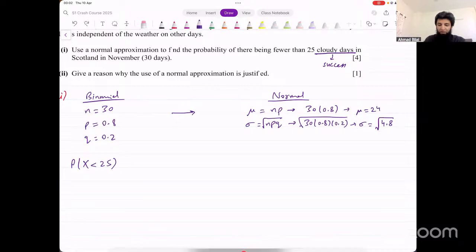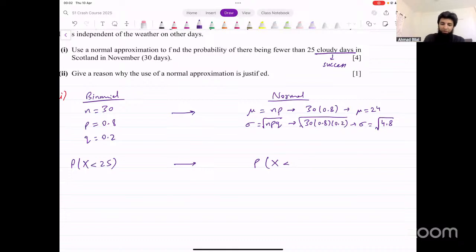Now we have to do continuity correction. We have to convert this to a probability for the normal distribution. Now it's either going to be 25.5 or 24.5, right? What is it going to be? Less than 24.5 or 25.5? What do you think? When we do continuity correction, is it 24.5 or 25.5?